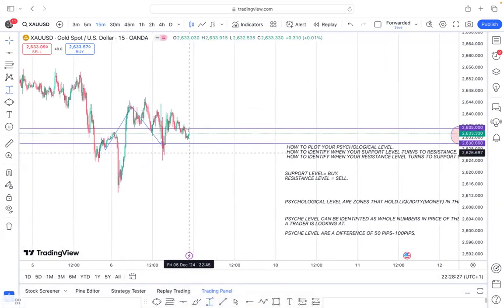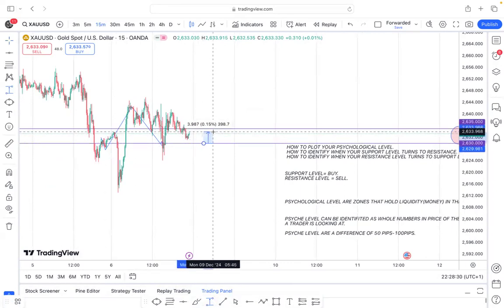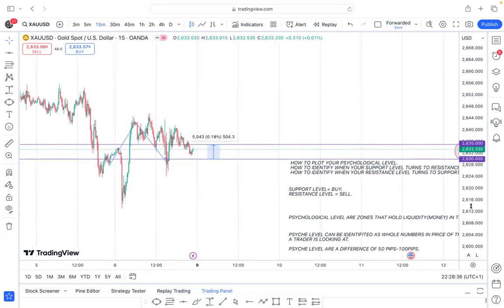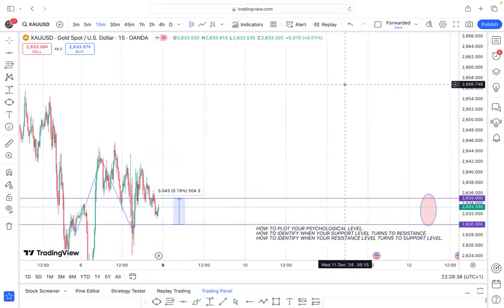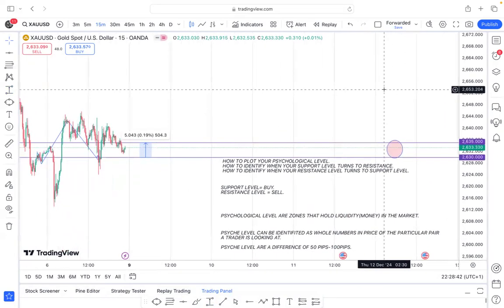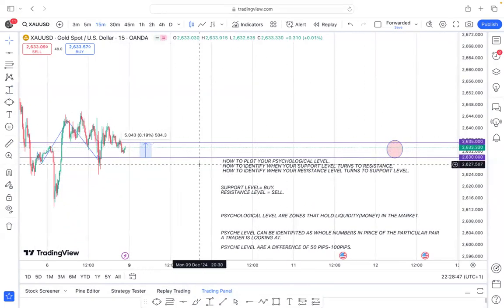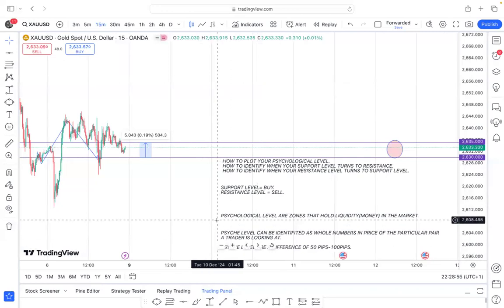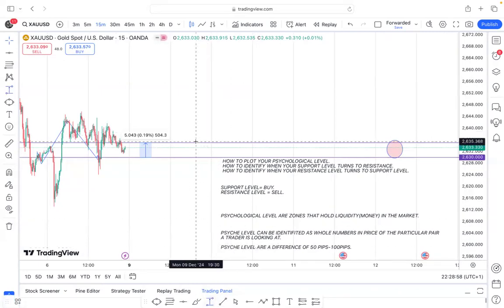See it from this first level here to this next level right here. What can we see? It's a difference of 50 pips, right? Whatever currency pair you're trading, you have to round that price to its whole number. Now from the current whole number, which is 2603.5, the next one will be 2604.0, another 50 pip difference.